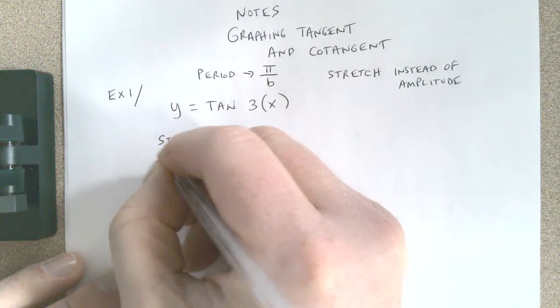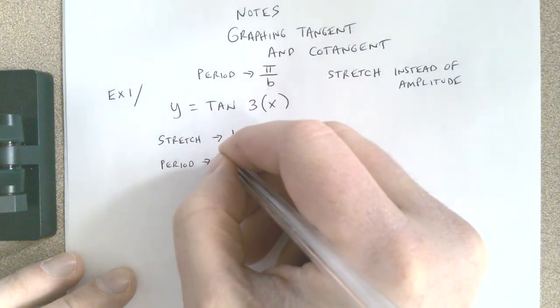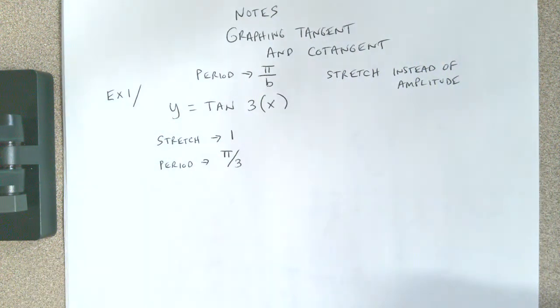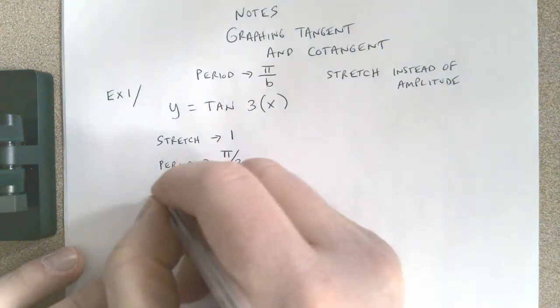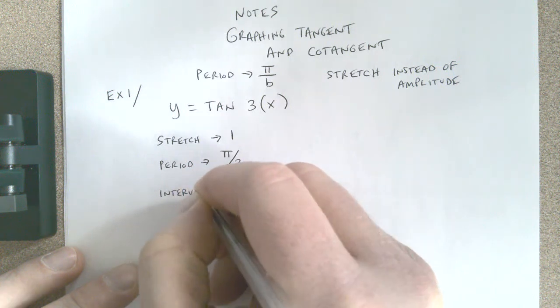The period, again, instead of doing 2 pi, we're going to do pi divided by 3. So it's going to make the period pi thirds. The interval, we're still going to divide the period by 4.